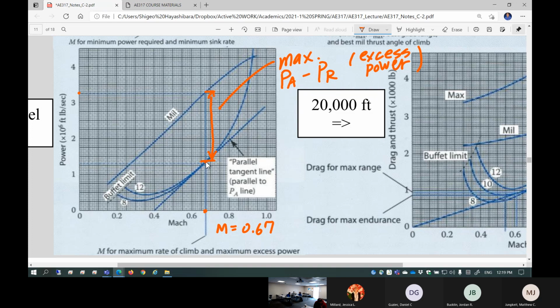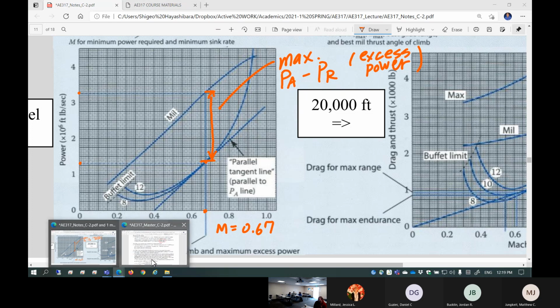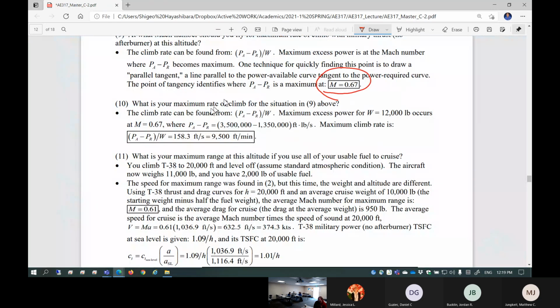This is power required, about a little bit more than 1 times 10 to the 6 foot-pound per second. Okay. So those two values need to be read off from this chart, and then plugged into the equation. This is the equation.